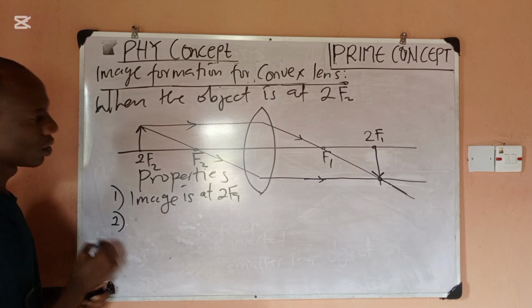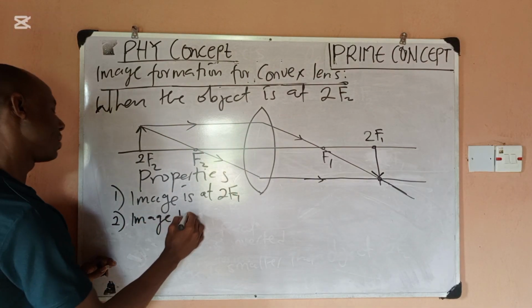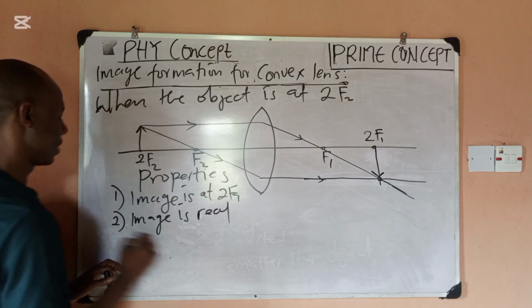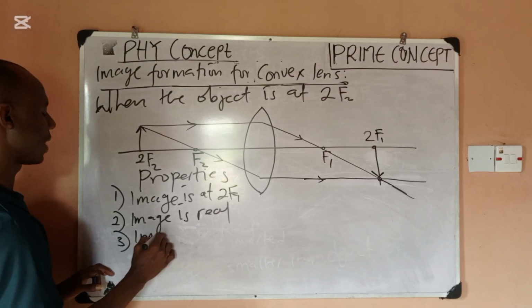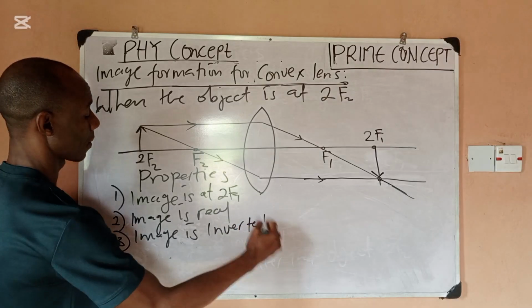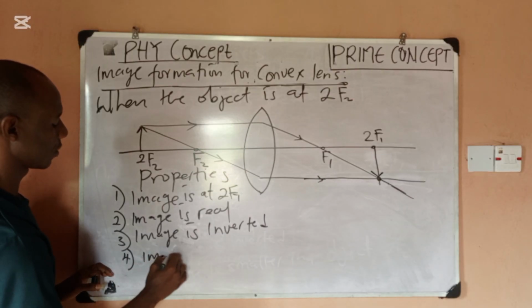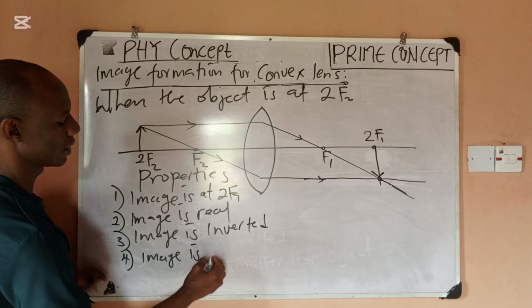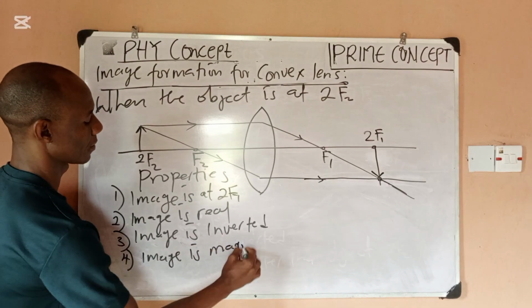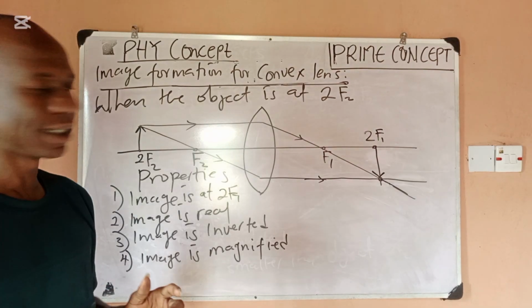Number two is that our image is real. Number three is that our image is inverted. And then number four, our image is magnified. And we can say our image is bigger.